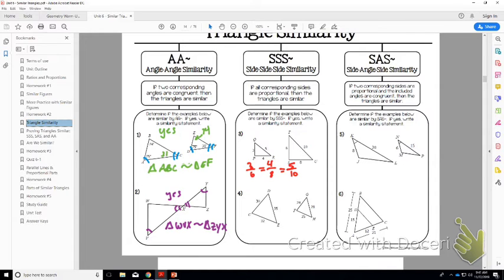They're all going to reduce down to 1/2, right? They're not all like that. So they are all 1/2. Is that enough to prove that they are similar? Yes. All right, so let's write our statement: triangle QPR similar to triangle TSU.